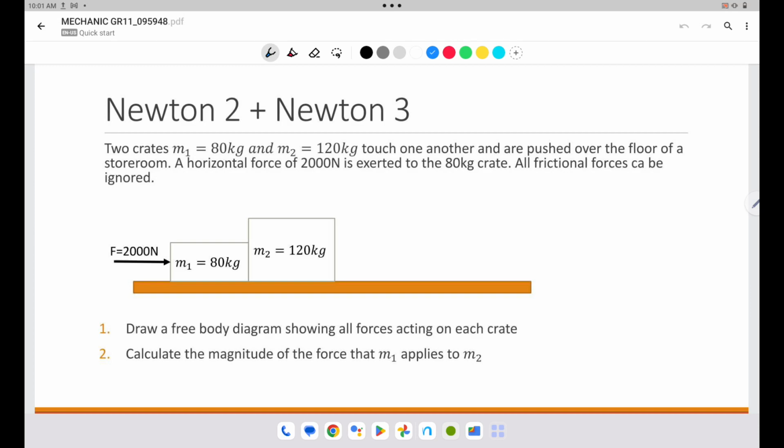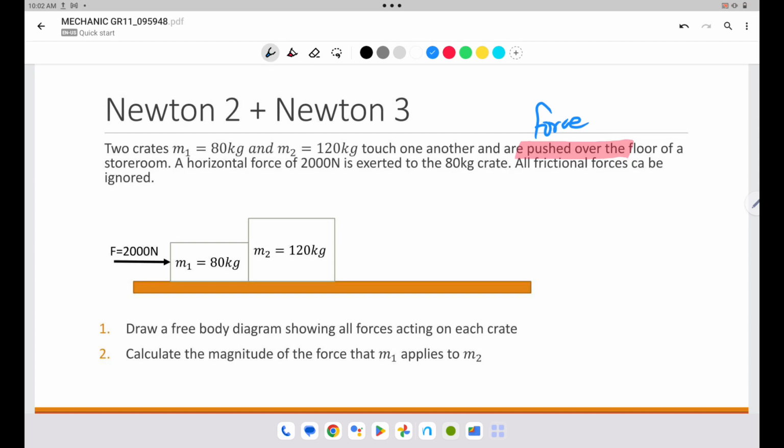It says two crates M1 and M2 touch one another and are pushed over the floor of a storeroom. So what we're being told is there's a push, and the push is a force. If we look at the diagram, M1 is the one being pushed, meaning a force is applied on M1.